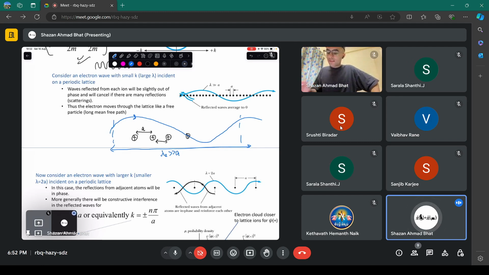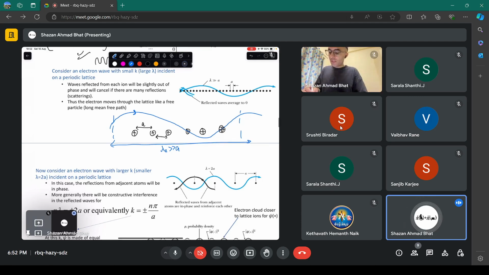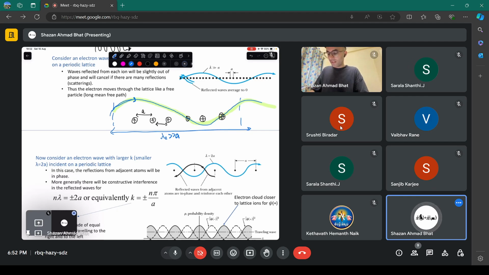So when the electron wave enters the crystal, let's say the electron wavelength is much greater than the lattice constant. That means the electron wave will look something like this. This is the electron wave, and this is the wavelength of the electron. It is as if the electron won't feel these atoms at all, because it is just traversing these atoms without getting influenced by them.